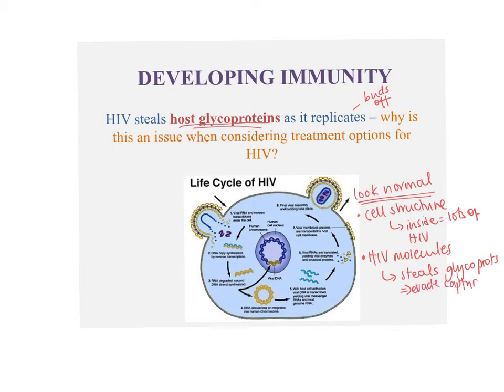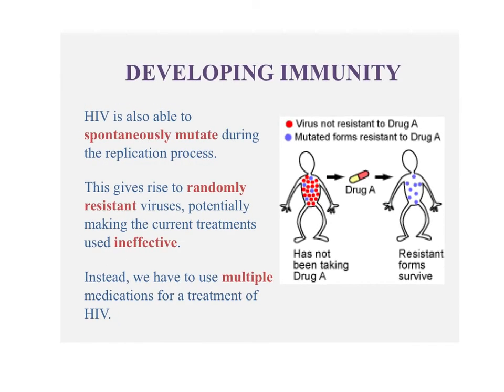Both of these are slightly problematic, because if an infected cell and an HIV molecule look like a self cell, then it's really difficult to target. And we don't want to target our cells that look like our body cells, because otherwise we'd be destroying lots of tissue around them.